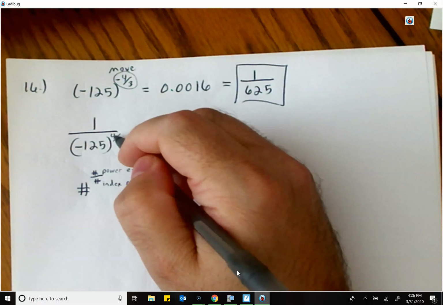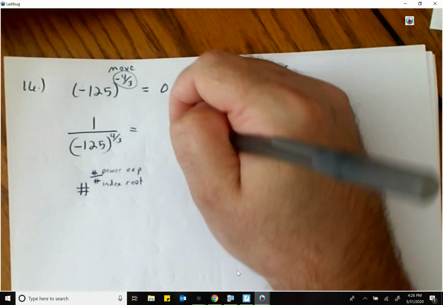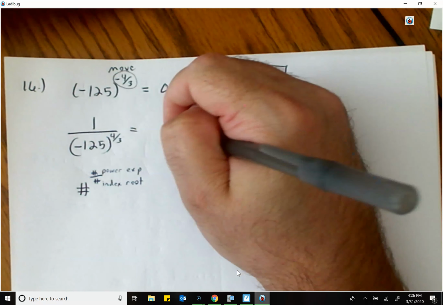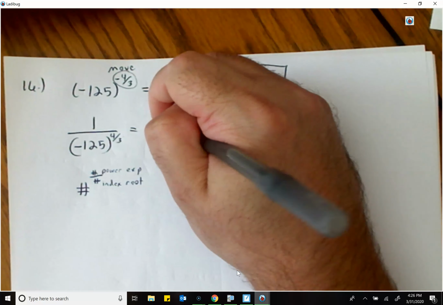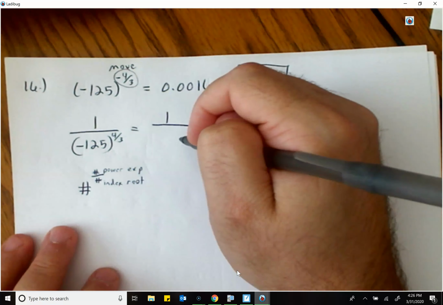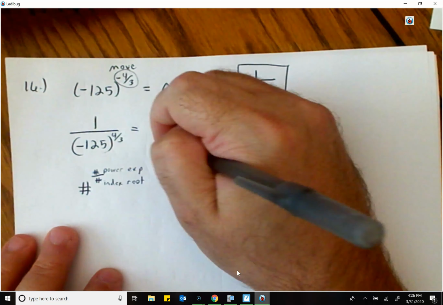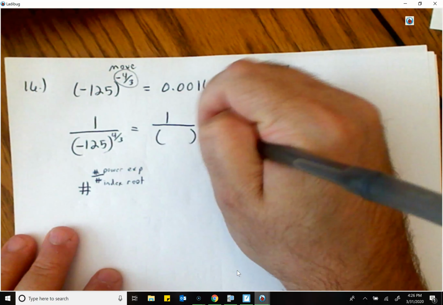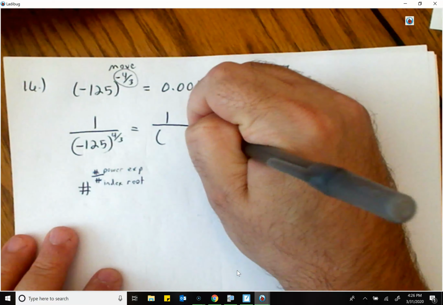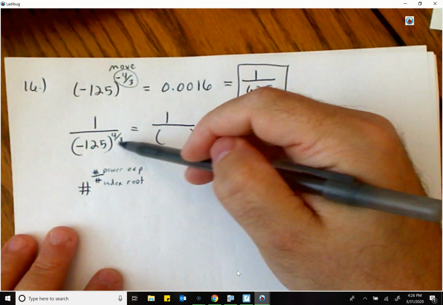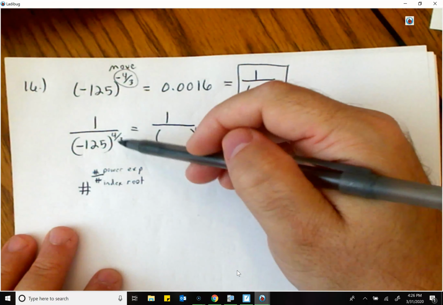So what we have here is that this problem right here really looks like this as radicals. This is the exponent, which is 4. This right here represents the index of a radical.